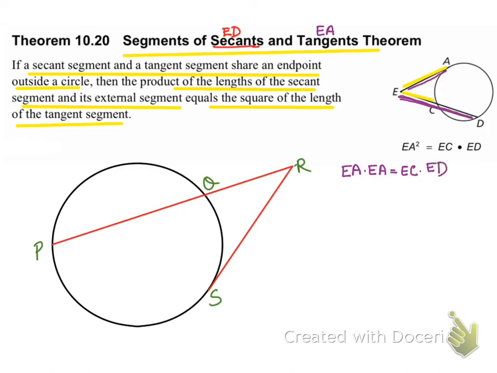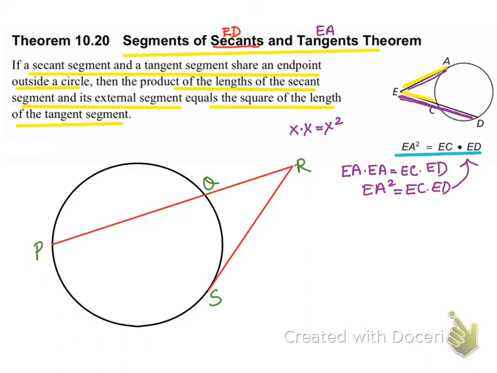And then EA times EA is just like x times x, that is x square. So EA times EA is EA square, and it is EC times ED. You can see that EA square is EC times ED. So it is written in exactly the same way.